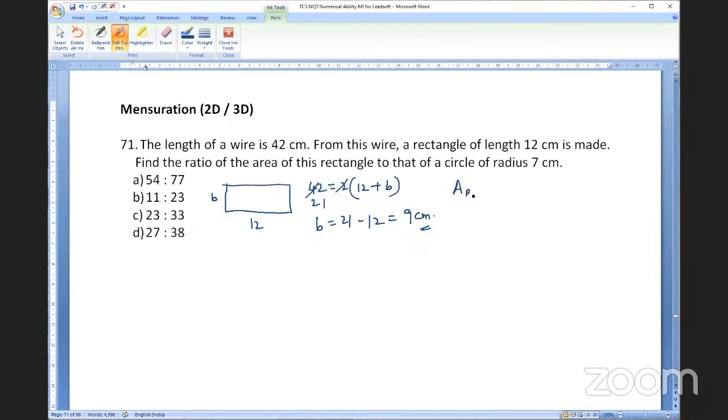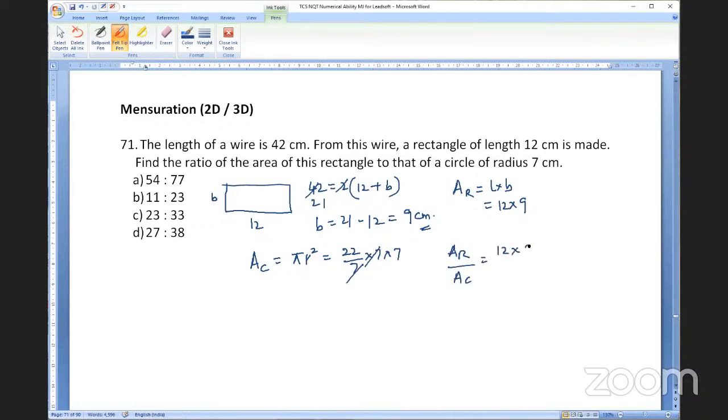Perfect. Now find the ratio of area of this rectangle to that of a circle of radius 7 centimeter. Area of the rectangle is length into breadth, that is 12 into 9. Area of a circle of radius 7 centimeter would be pi r square, that is 22 by 7 into 7 square. So we need the ratio AR by AC.